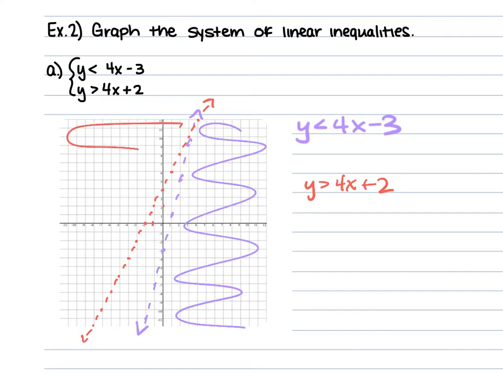And then y is greater than, so it would be anything on this side. So you'll see here that the only parts that intersect are going to be the parts that are up in this area, which are not a lot.